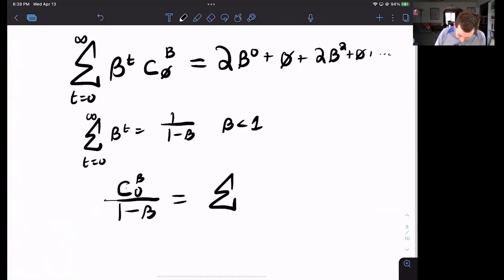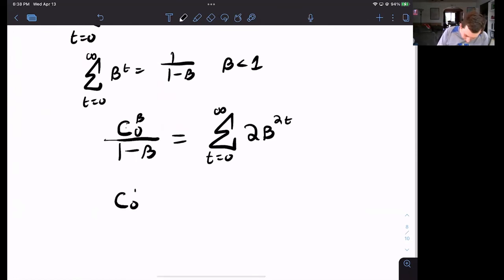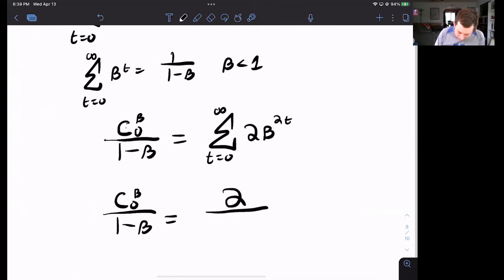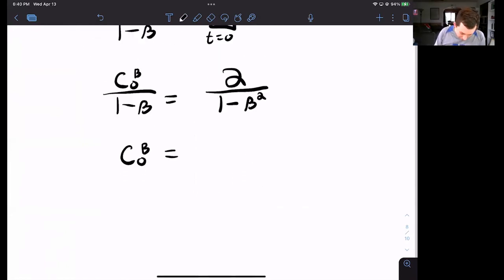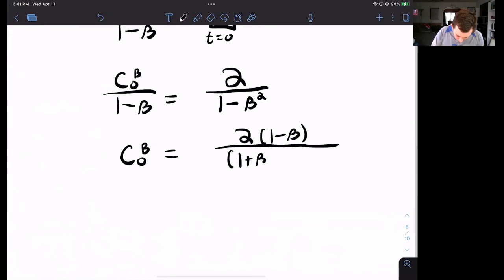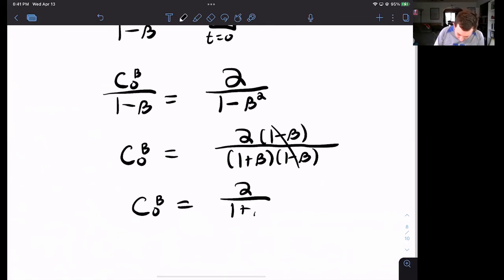This right-hand side, we can just rewrite as the infinite sum from t equals 0 to infinity of 2 beta to the 2t, which means that C_0^B over 1 minus beta is equal to, I pull the 2 out, this is beta to the 2t, which means it's 1 over 1 minus beta squared. Okay, which means that Bill's consumption in period 0 is just 2 times 1 minus beta over 1 minus beta squared. I'm just going to expand the 1 minus beta squared into 1 plus beta times 1 minus beta, which means that Bill's consumption in every period for his infinite life is 2 over 1 plus beta.